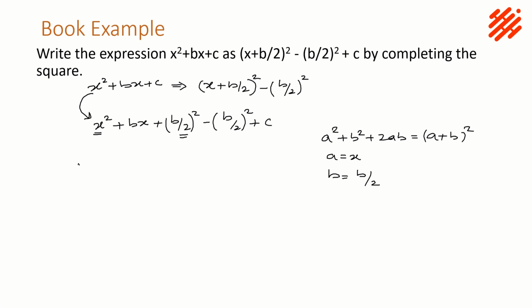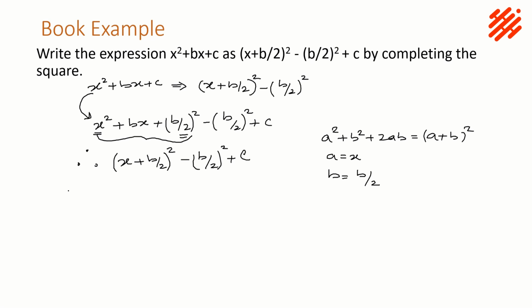Putting back into the equation, we get (x plus b by 2) the whole square minus (b by 2) the whole square plus c.